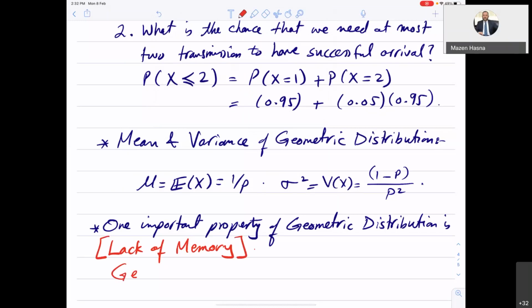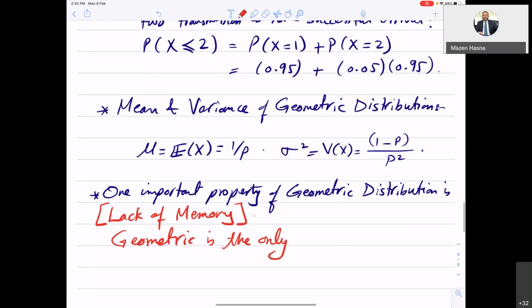So geometric is the only discrete distribution that is memoryless.